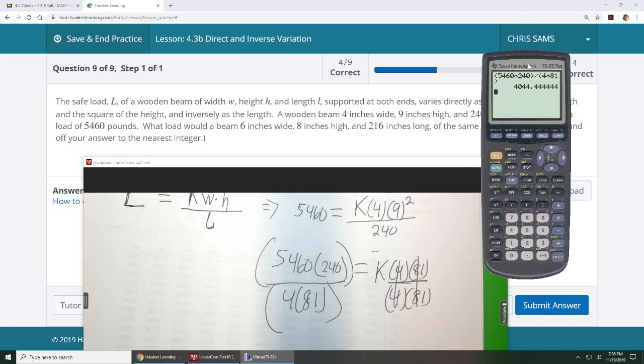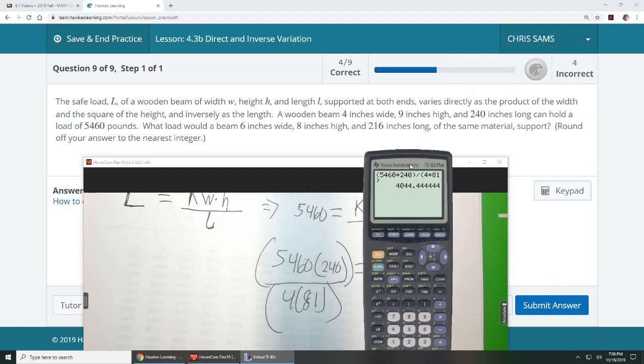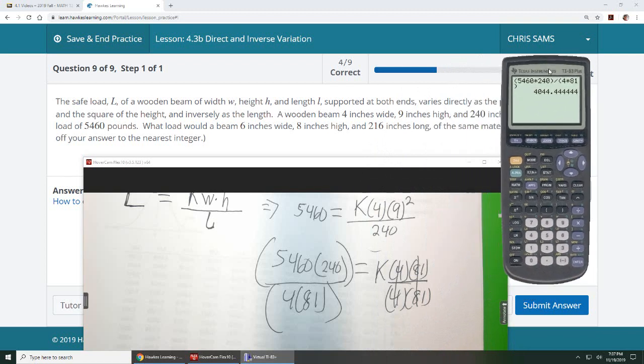And now, because this gives us a decimal, you do not want to round until you get to the very end, because the more times you round, it's going to throw your answer off. So what I'm going to do is convert this into a fraction. So I'm going to say math, enter, so I can use the exact number.